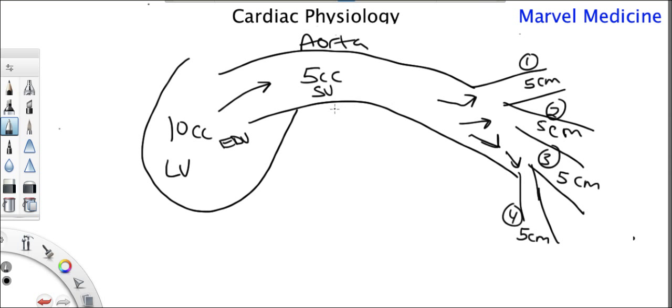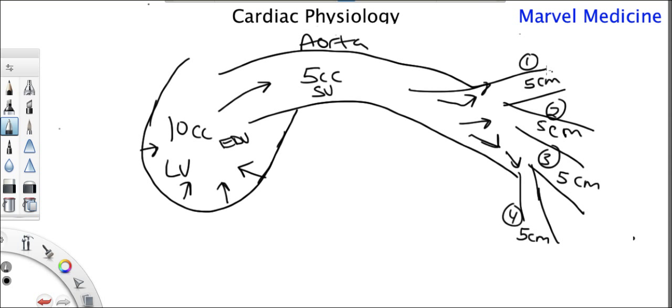Now, my ventricle here, my myocardium, the heart muscle, worked a certain amount. It put in a certain amount of strength to contract in order to send out the 5 cc's of blood and send it all through here into these arterioles.